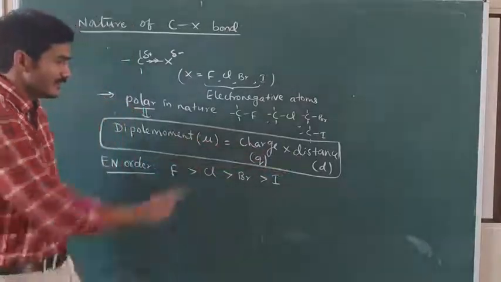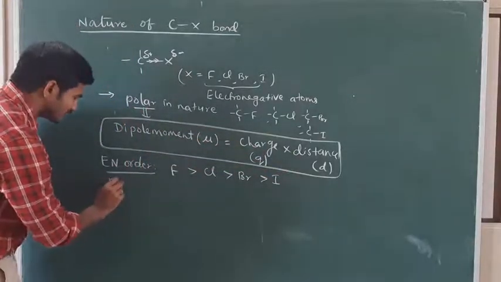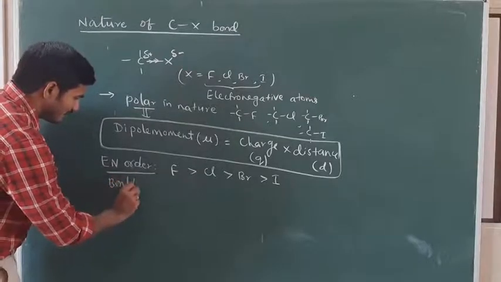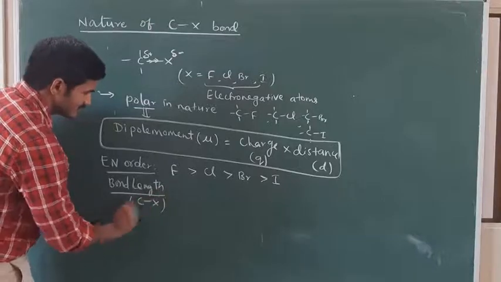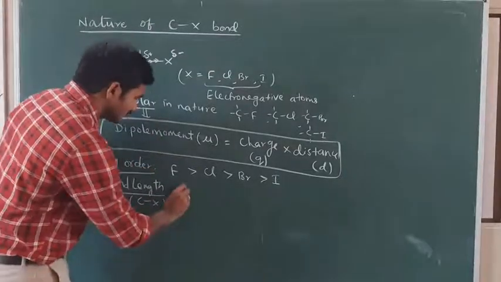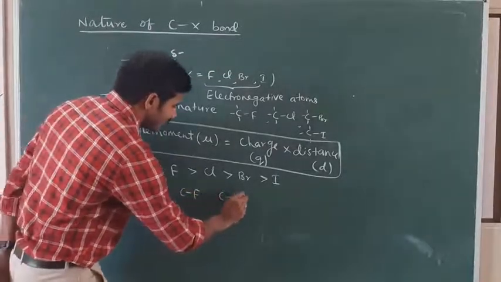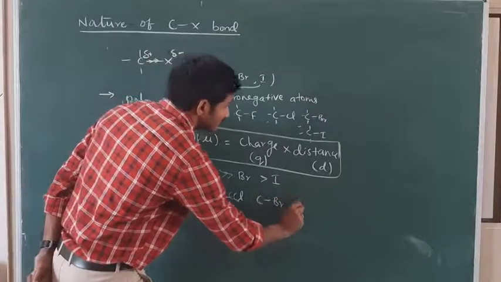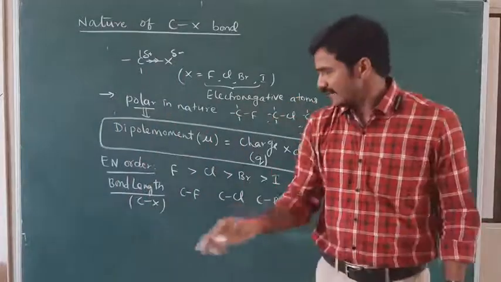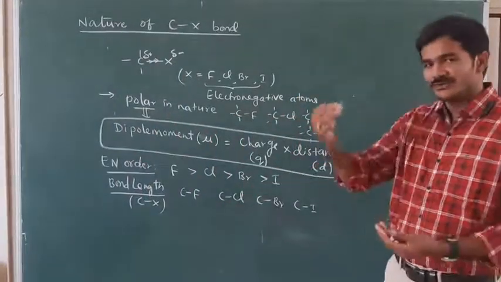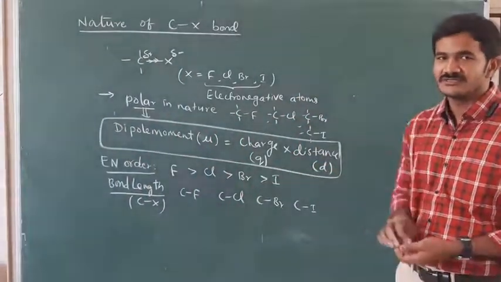Distance. Distance means I can take the bond length of C-X. That means the C-F bond length, C-Cl bond length, C-Br bond length, C-I bond length. Can you tell me what happens to the bond length down the group, from fluorine to chlorine to bromine to iodine?